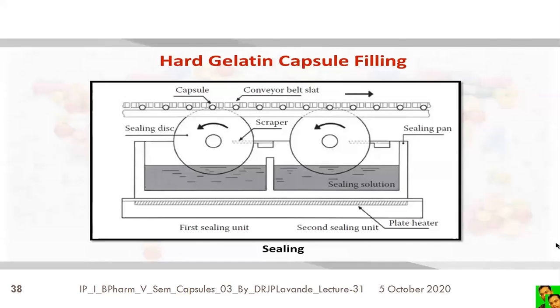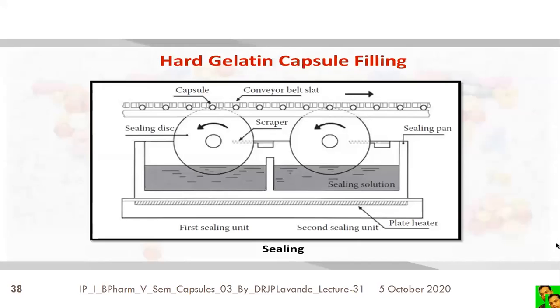There is a first sealing unit, a second sealing unit, and these are mounted onto a heating plate or plate heater, onto which there is a sealing solution holder, and inside this sealing solution holder there is a rotating disc, rotating drums, and above it there is a conveyor belt.